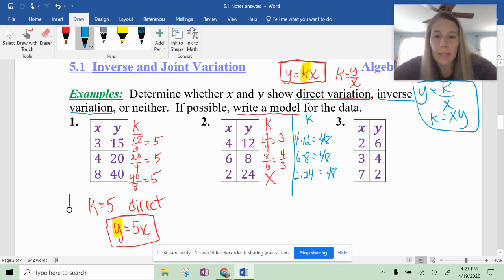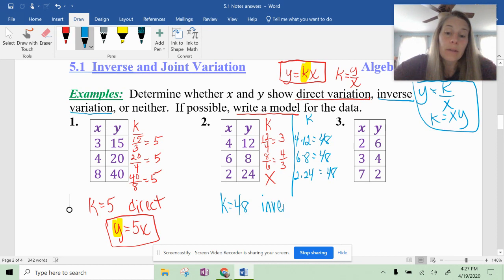So all three of those ordered pairs for that set of data there, when you multiply the x and the y together, you get a constant value of 48. So our k would be 48 in this situation. This means that it's inverse variation because we got that k by multiplying the x and the y together.